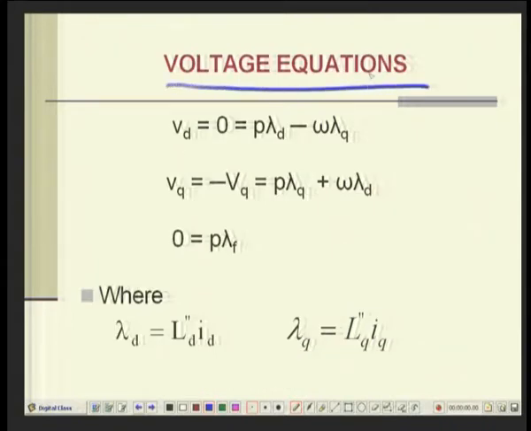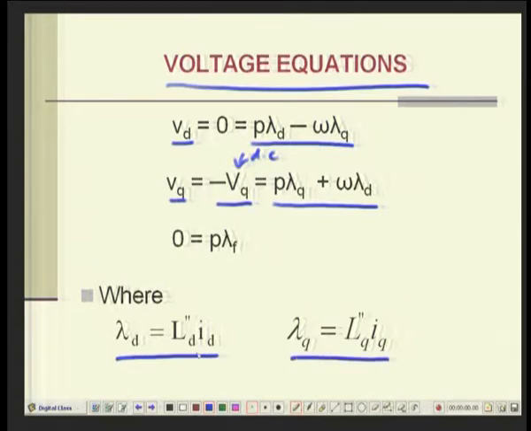Now, we know the voltage equation will be Vd is 0, equal to P lambda d minus omega lambda q, Vq is minus Vq, this is fixed, you are applying a minus DC, right, you are applying minus Vq, right, omega LAF IF, okay, and then you want to know what is the impact of this minus Vq on this. So, P lambda q plus omega lambda d. But lambda d and lambda q you have already defined, right.